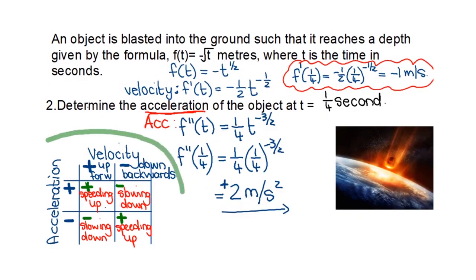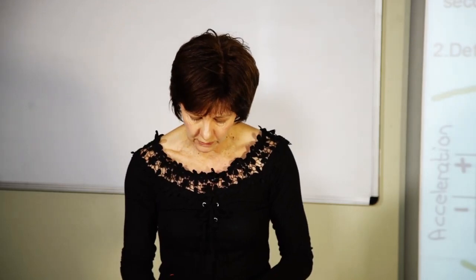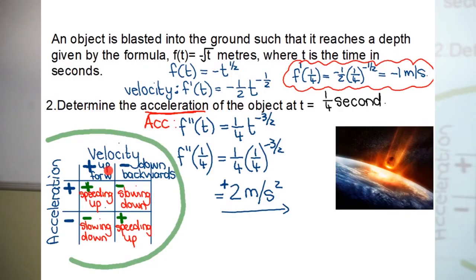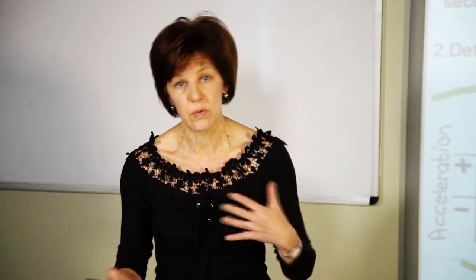I have here a nice table that could guide me. If we look at this table, on the one side I've got velocity. Now velocity can be positive or negative. If we define positive velocity to be upwards or forward, and we define negative velocity to be downwards or backwards, and then the acceleration as we calculate it can come out positive or negative.